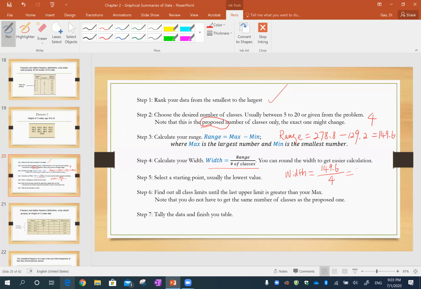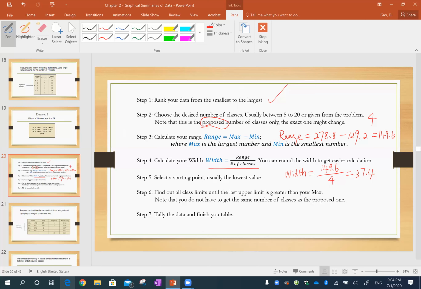So 149.6 divided by 4, we got 37.4. So this is the width. That means the difference between the lower class limit and upper class limit for each class.